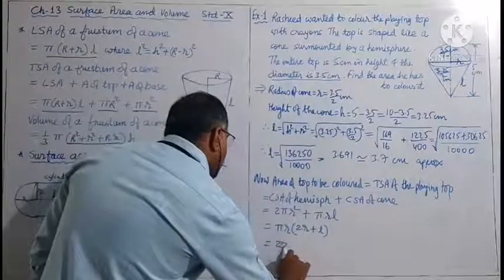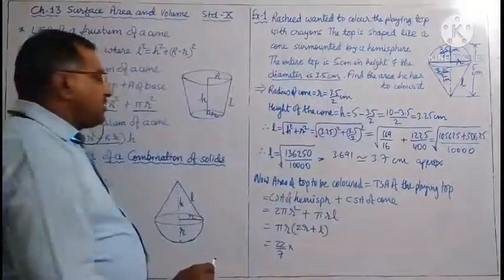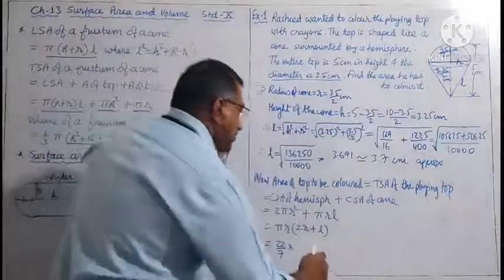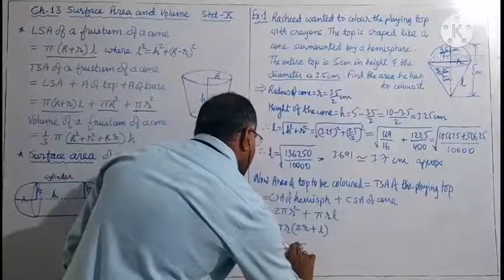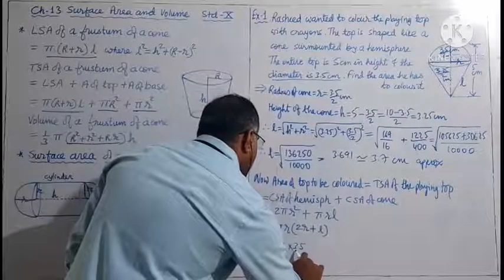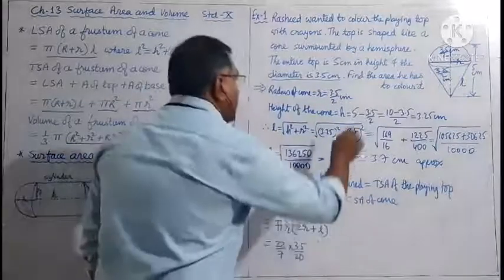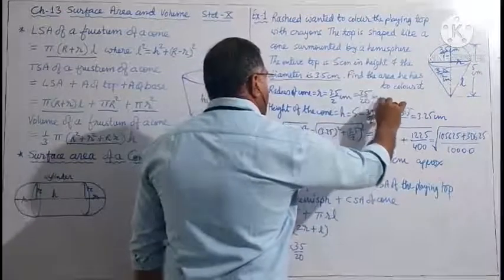So substituting the value, pi is equal to nothing mentioned, so 22 by 7 multiplied by radius. What is the radius here? Radius is 3.5 by 2, and we can say 35 by 20, that is 35 by 20 centimeter.